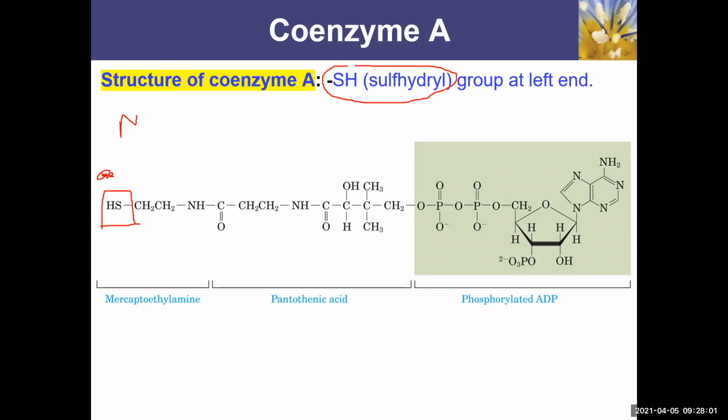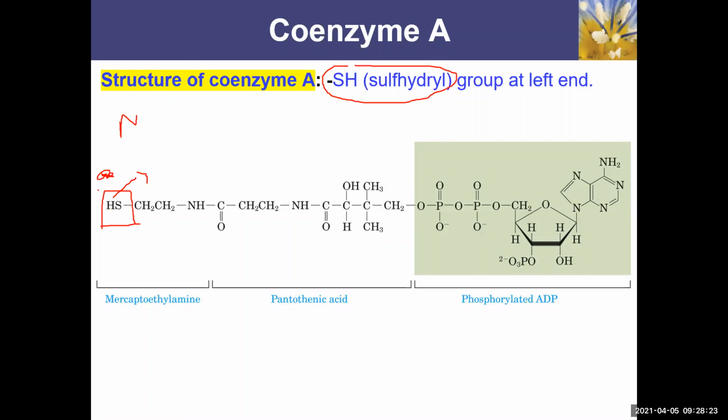The moment you hang your clothes or your abaya on a hanger or a peg, similarly, this group is an anchoring point. So this group can hang all kinds of molecules onto it.